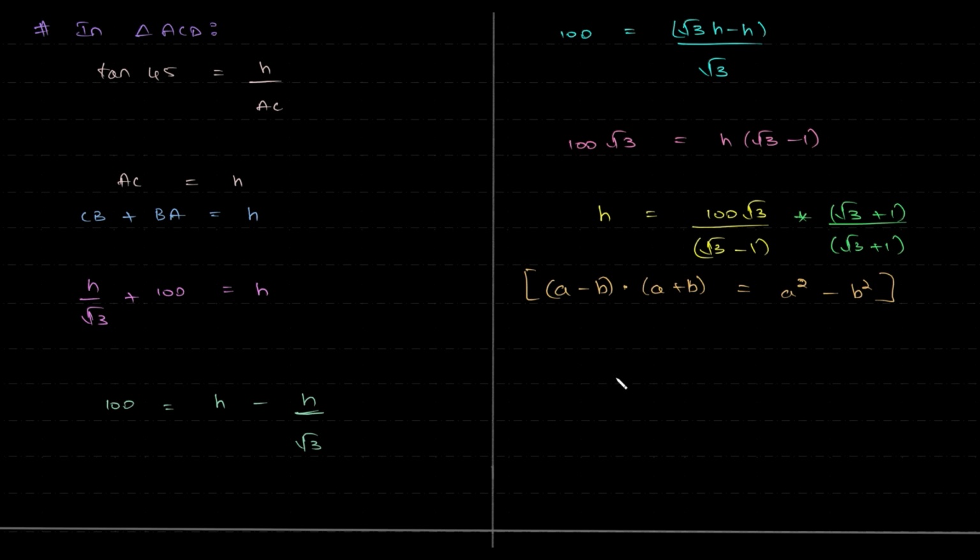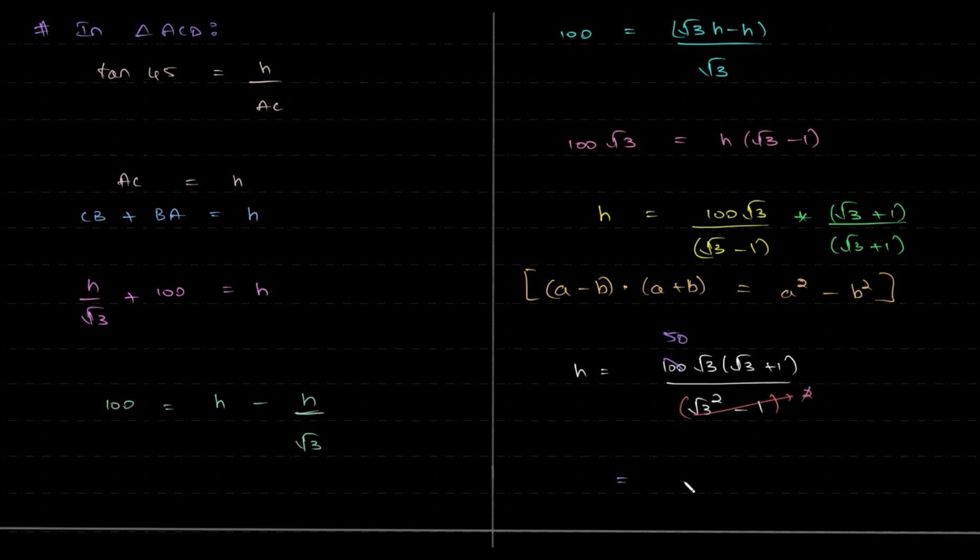So according to that, h is equal to 100 root 3 times root 3 plus 1. Let me complete this. So this will be root 3 squared minus 1, and this entire expression is 2. So two 1s are 2, 50s are.